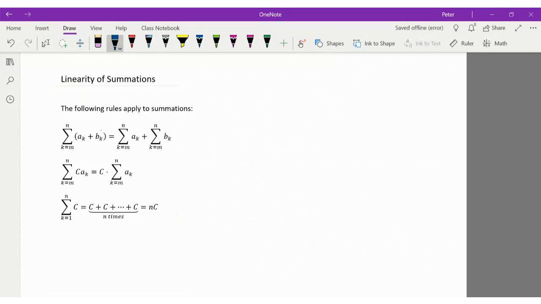It's the same thing we had before: the limit of a sum is equal to the sum of the limits, and the derivative of a sum is equal to the sum of derivatives. Just the same, I can do that with summations. I just want to make sure I have an example of that a bit later.